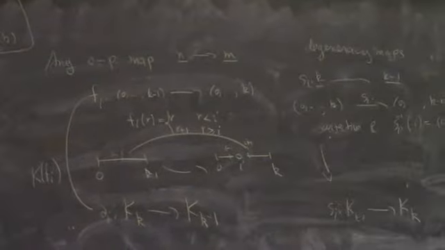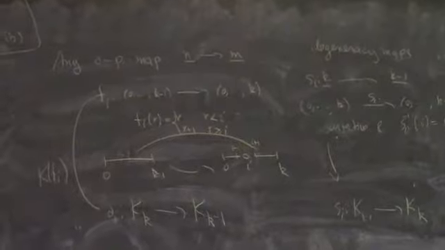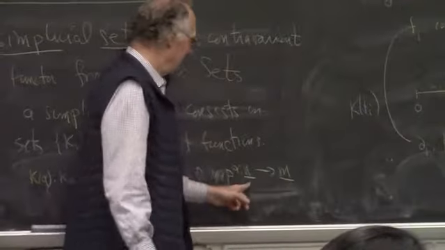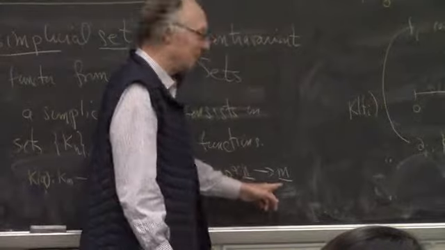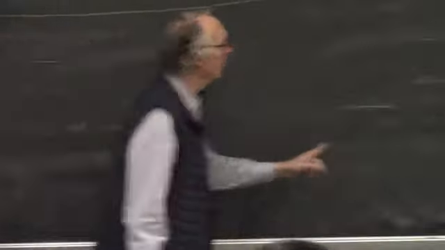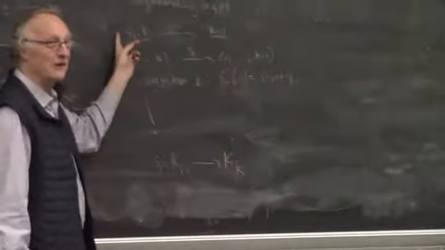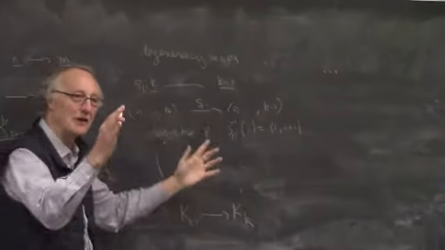So for example, the function that Tony mentioned that sent everything here to 0 is just the composition of a bunch of these degeneracy maps. Just keep degenerating.